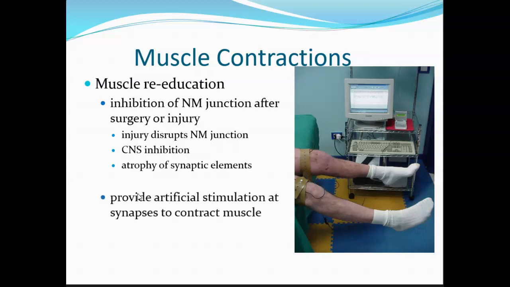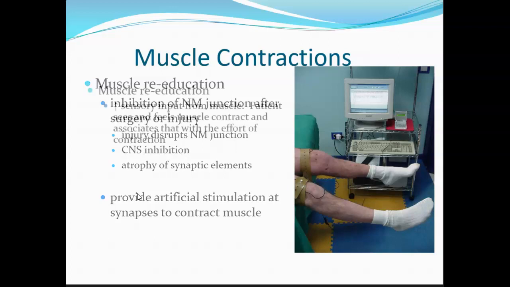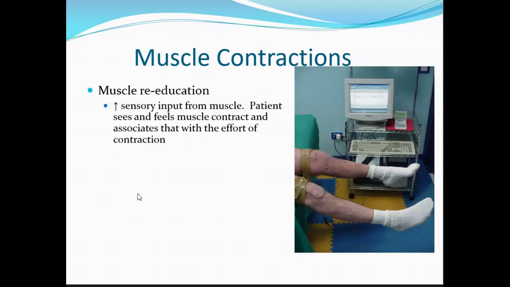The whole point here is to provide some external stimulation to contract the muscle. Then we use this as feedback to start to train those voluntary impulses yet again. It can be done either way. You can have the E-stim contract the muscle, and have them try to contract along with it: oh, my muscle's contracting, I will try to contract too.